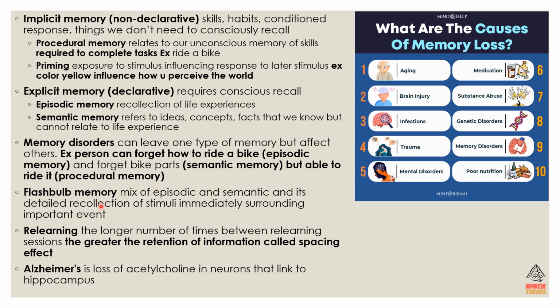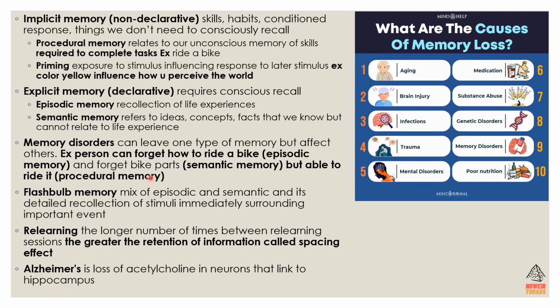Next, you have flashbulb memory. It's a mix of episodic and semantic, and it's a detailed recollection of stimuli immediately surrounding an important event. Next, you have relearning. So let's say you're doing your Anki, and you finish the review after 4 days, and then you see it later, like 13 or 20 days later, and you're like, why is it that far?